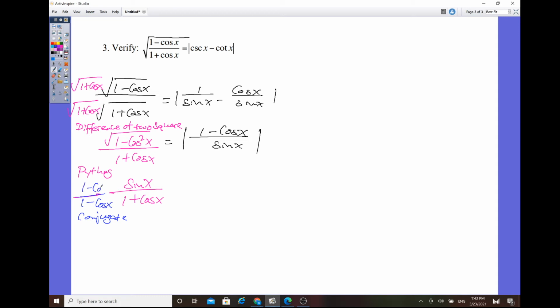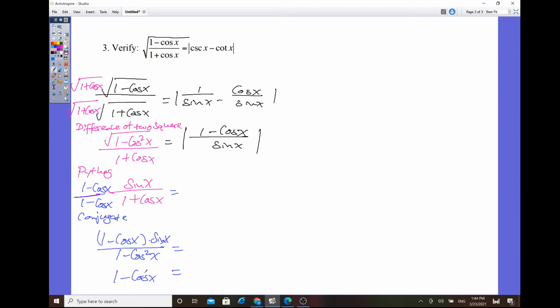Without multiplying out the numerator, just keep it as 1 minus cosine of x times sine of x. The denominator is a difference of two squares, so 1 minus cosine square of x, which is the same as sine square of x. So we have 1 minus cosine of x.